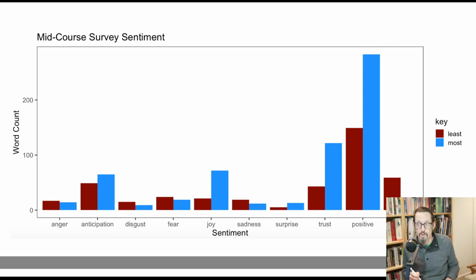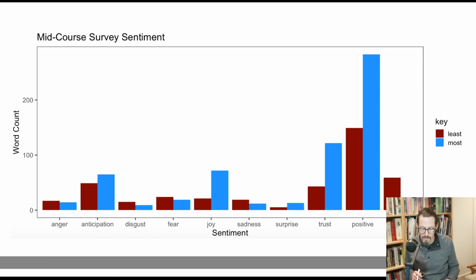The least enjoyed comments, your several hundred of them, are all in the red here. If you look at the red bar, the positive bar is relatively low compared to the most enjoyed in COGS9 so far comments. So clearly the most enjoyed comments have a more positive affect compared to the least enjoyed elements of COGS9.